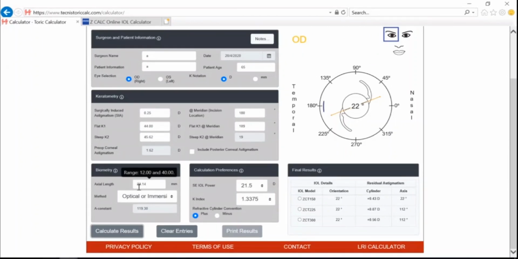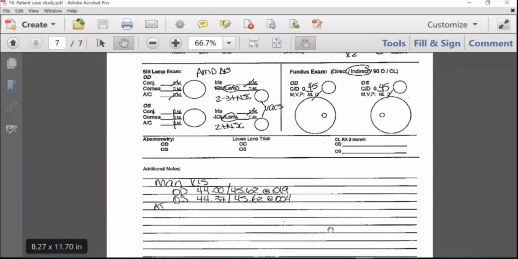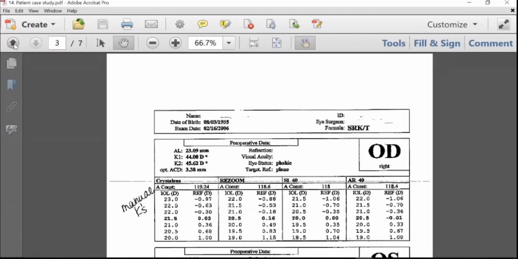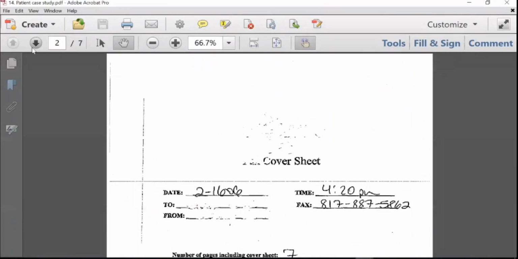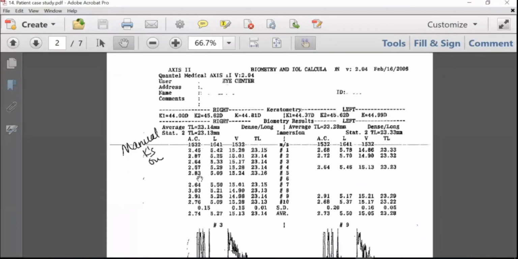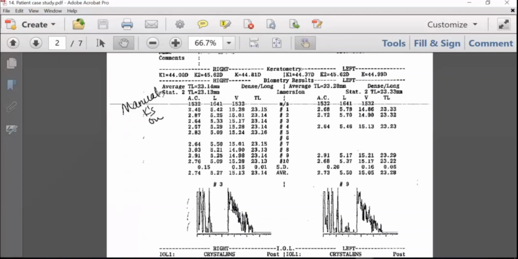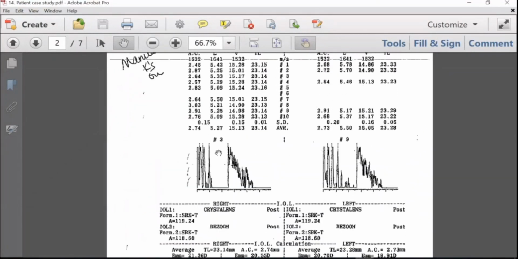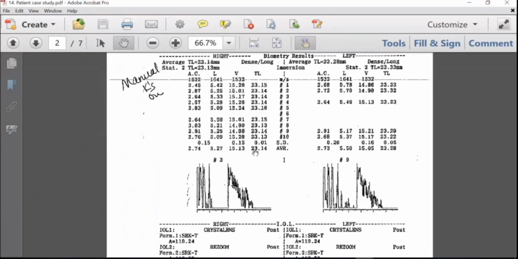You need to put in the axial length as well. Axial length is indicated over here. I'm taking the immersion method of our biometry, using the axial length of 23.14 millimeters.